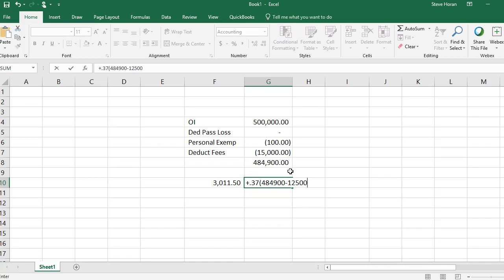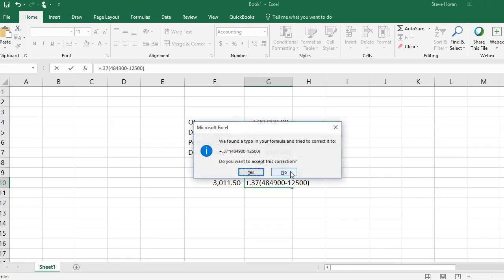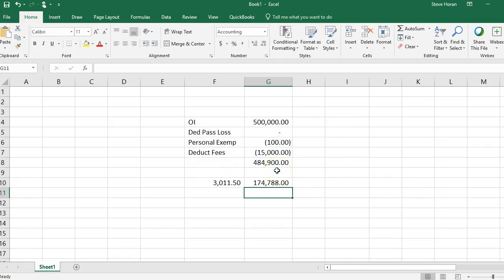So 12.5 is the exemption that you're allowed. So we do that difference, and the sum of the two is the tax.